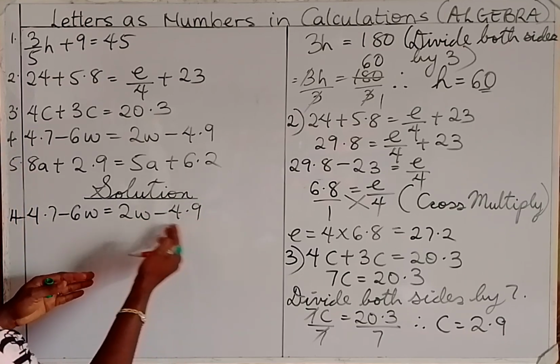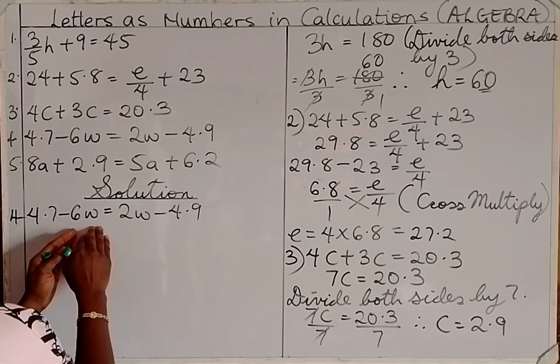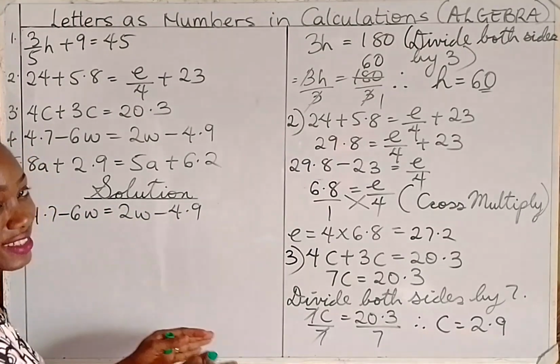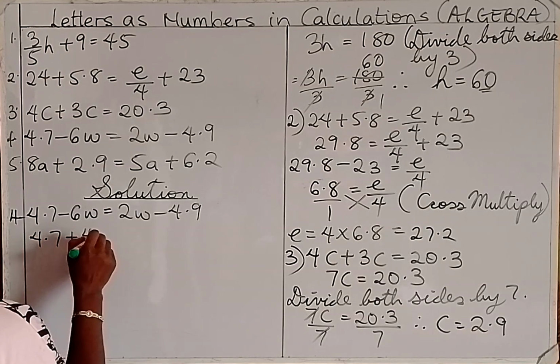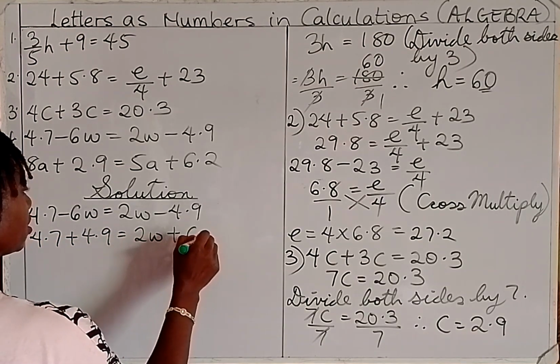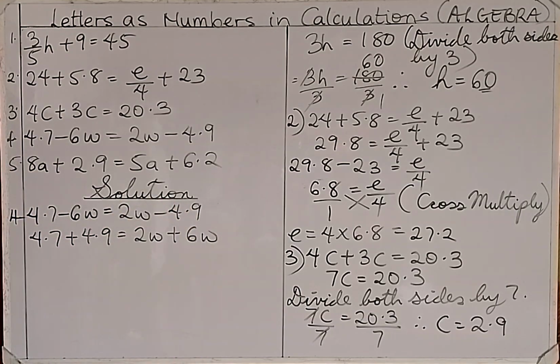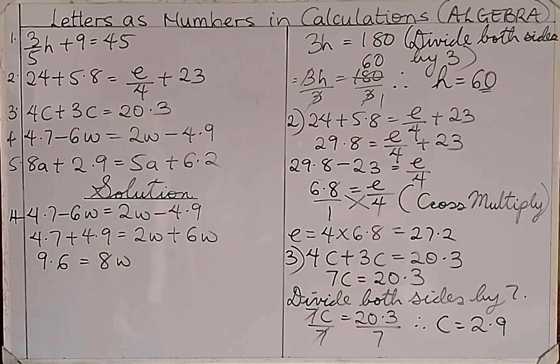So move minus 4.9 to the left hand side and take minus 6w to the other side. So let's do it. 4.7 plus 4.9 equals 2w plus 6w. Right? Now, what is 4.7 plus 4.9? Now, this is 9.6 equals 8w.